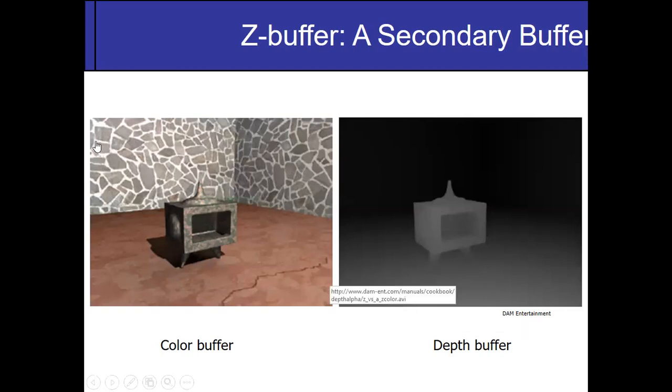Color buffer means for every pixel in the image, you tell me what is the color. For example, let us take this pixel. Now this pixel's RGB, if we consider this as a red color image, will be 1, 0, 0. The entire ground face is 1, 0, 0, if you imagine this as a red color. Now, let us take this wall.